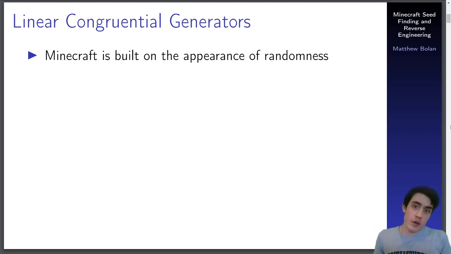So as I'm sure all of you know, Minecraft is built on this sort of attempt to feel organically random, right? So every time you create a new world, you're faced with challenges and terrain that you've never seen before. And the thing is that Minecraft, being a video game, has to run on a completely deterministic machine.